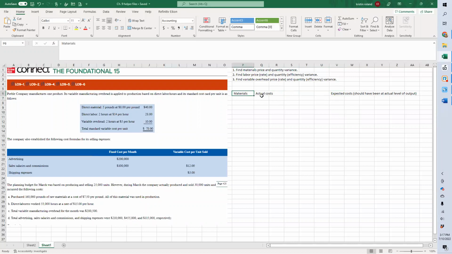So my materials costs, how do we figure that out? Our costs are based on price per unit times the quantity of units. That makes sense, right? So I'm going to call this my actual price, and I'm going to multiply that by my actual quantity.